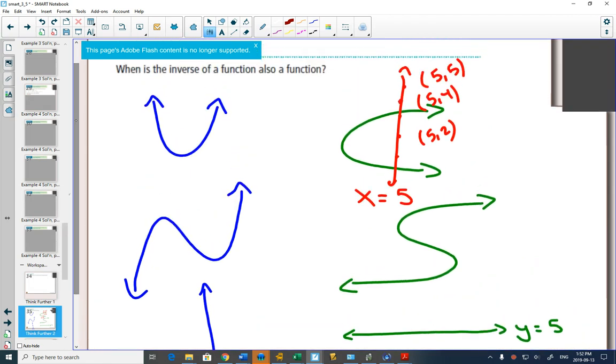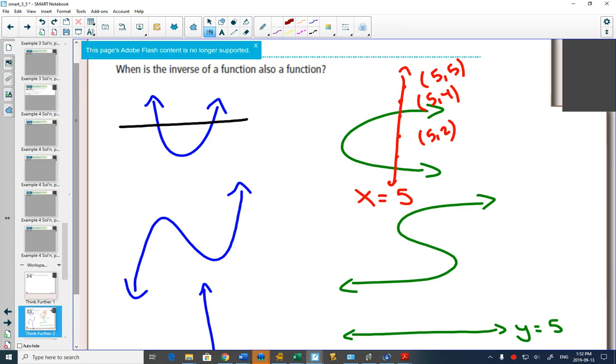So when my inverse doesn't pass the vertical line test, my original one doesn't pass a horizontal line test.